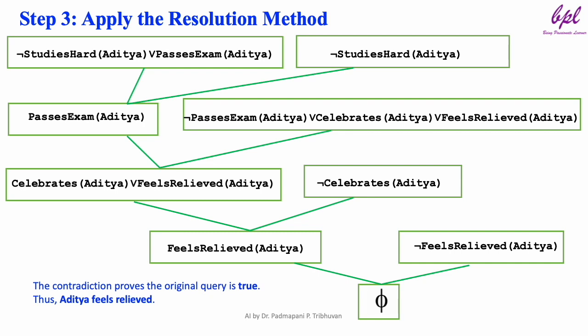This means our original goal Aditya feels relieved is true. The resolution graph provides a clear visual representation of the logical steps involved. Each resolution moves us closer to either proving or disproving the goal. In this case, the contradiction confirms that Aditya feels relieved.